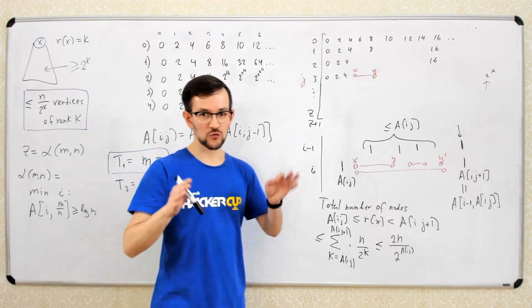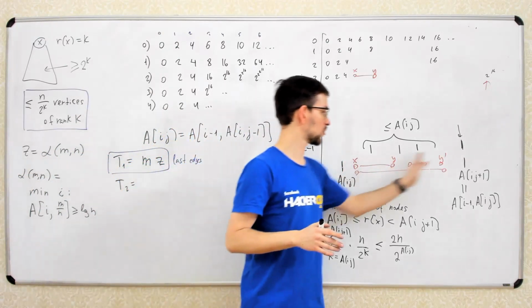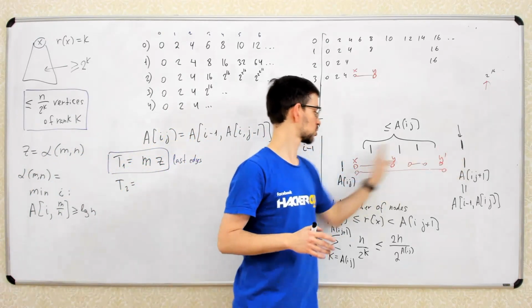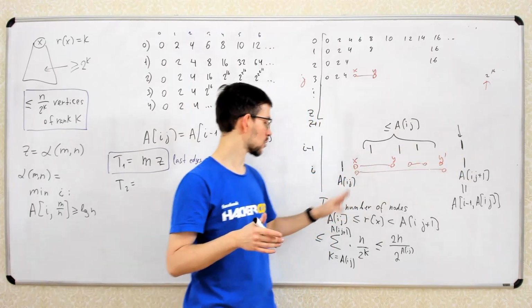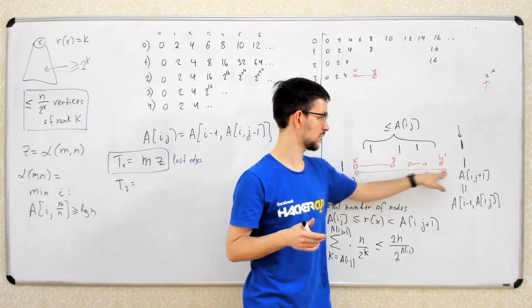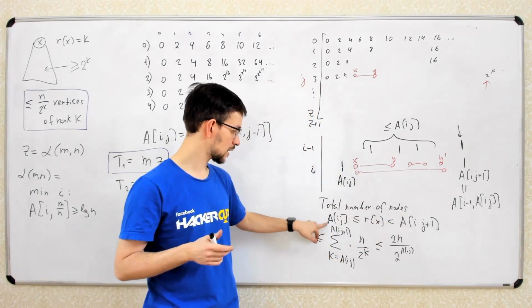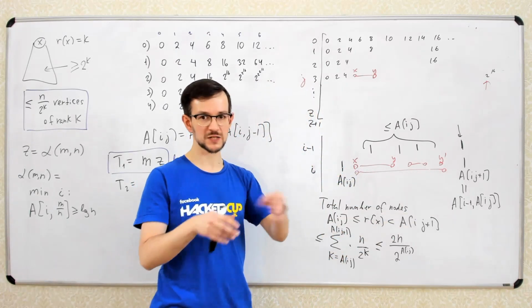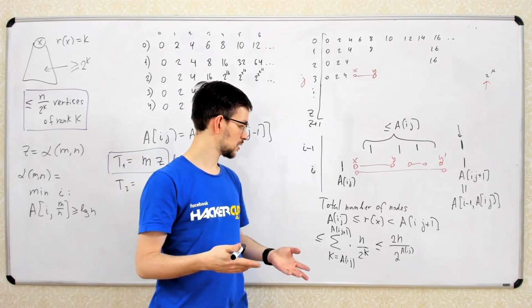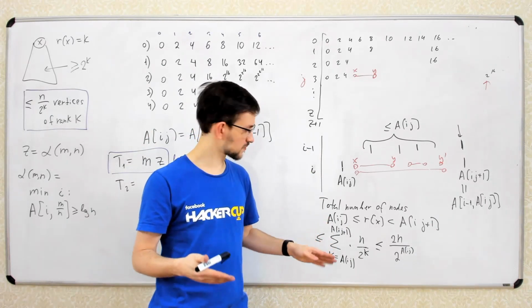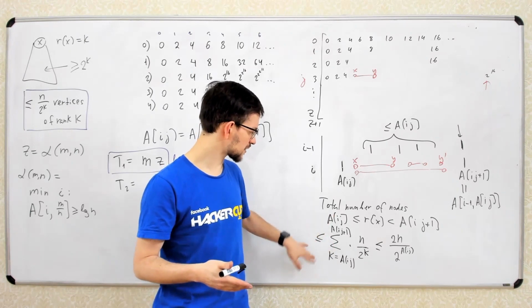So I try to find the total number of nodes with ranks between these two values. I iterate over all possible ranks in this segment, and for each rank, calculate the maximal possible number of nodes of this rank. Then I make the upper bound.